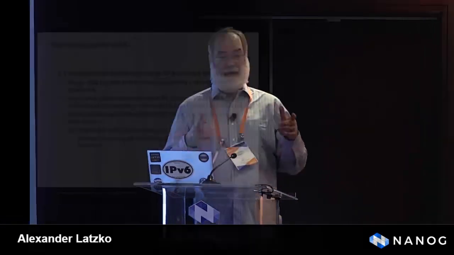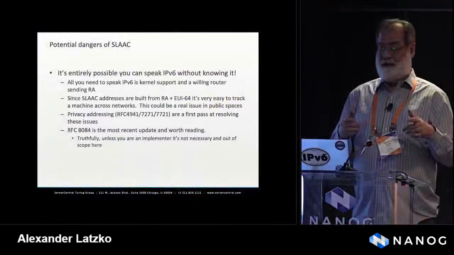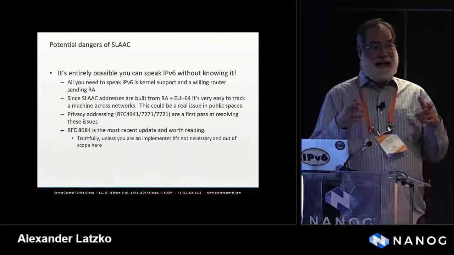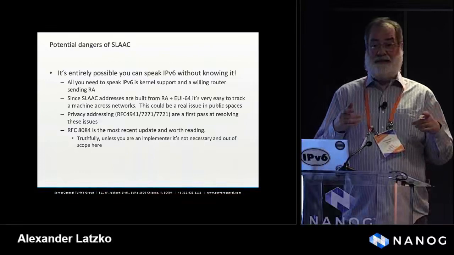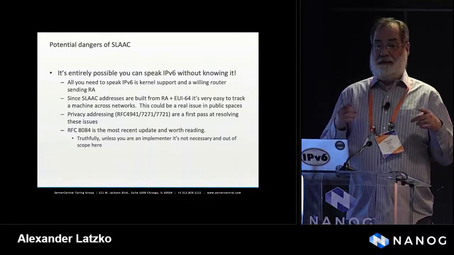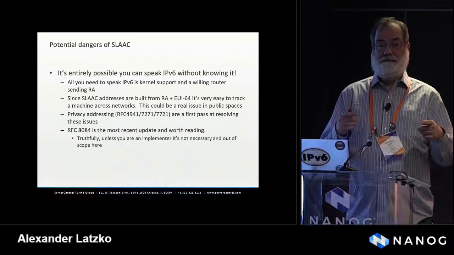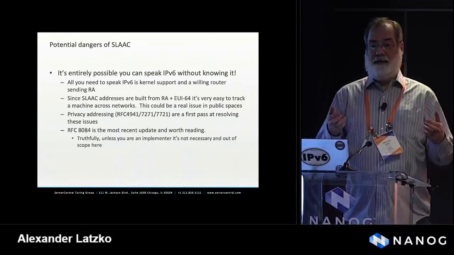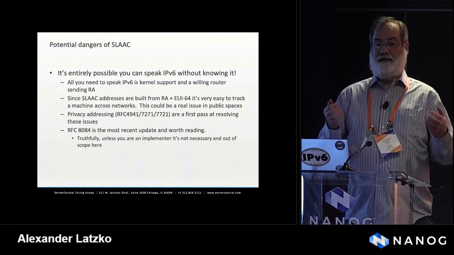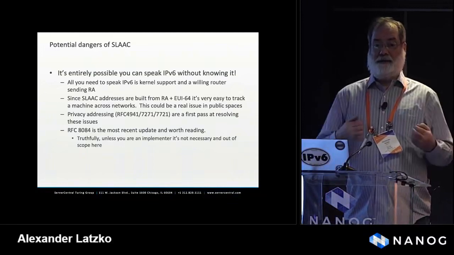Okay. Real problem in some parts of the world: a v6 address done by SLAAC is attached to the device. It's burned in. There are some regimes that, if they want to track you, will track your v6 addresses.